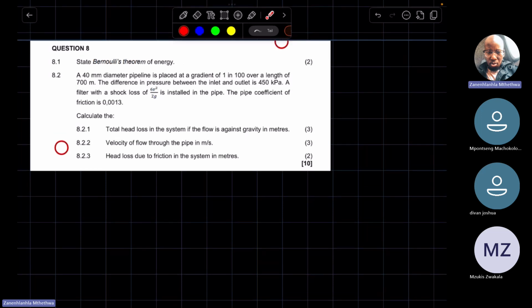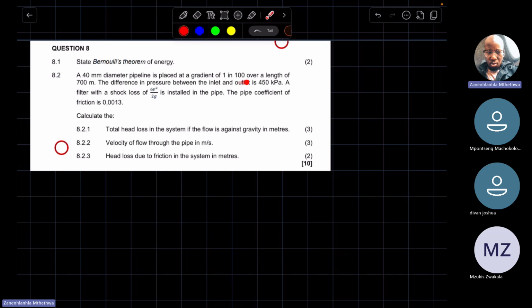Now let's look at 8.2. It reads as follows: A 40 millimeter diameter pipeline is placed at a gradient of 1 in 100 over a length of 700 meters.